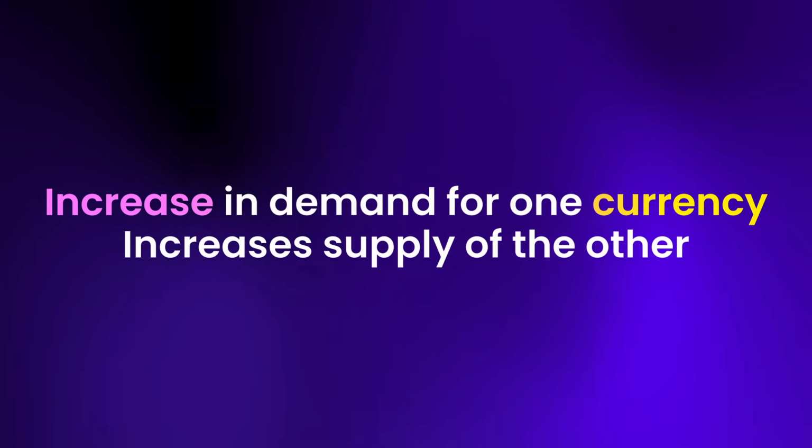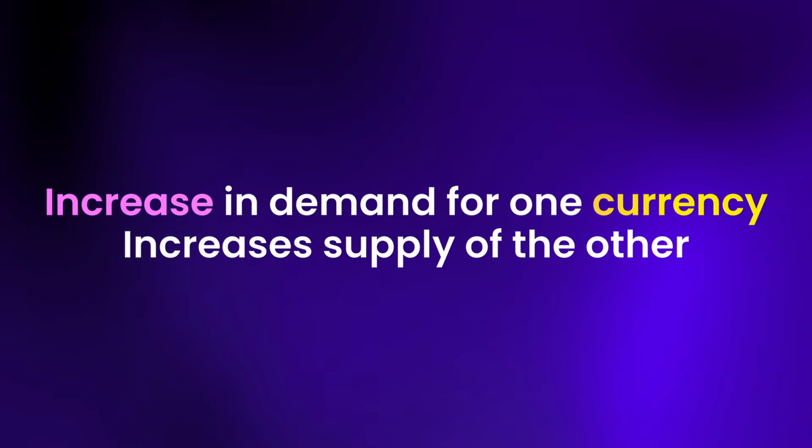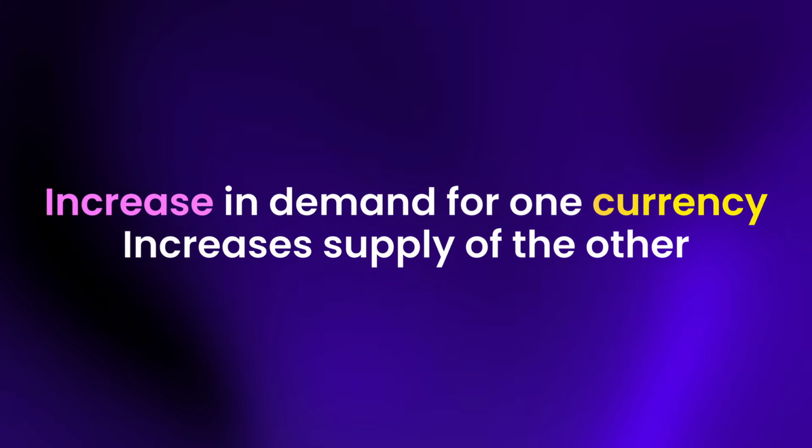If an economy's demand for foreign currency grows faster than its ability to earn foreign currency through exports, that gap shows up directly in the currency market as increased demand for foreign currency and higher supply of the local one. So when you put everything together, the picture becomes surprisingly clean.